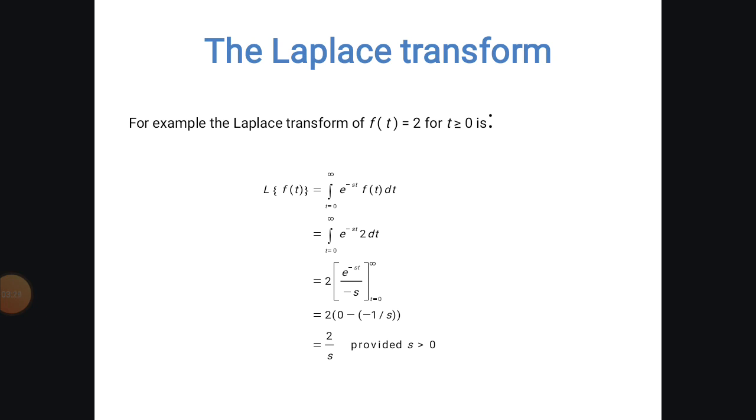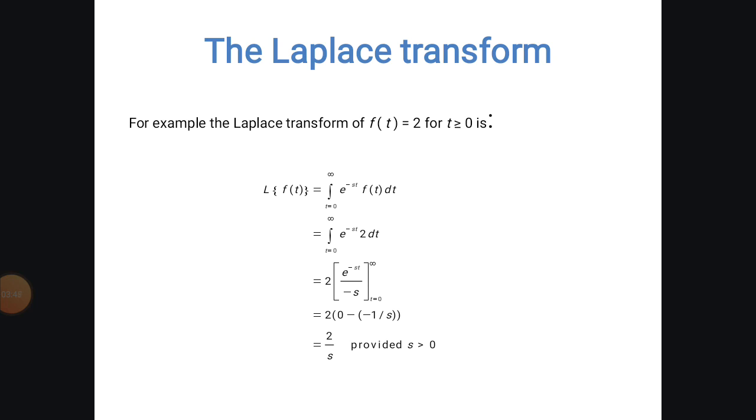Then it will be the integral from 0 to infinity of e raised to minus st. In place of f of t, we put 2. As 2 is a constant for the integration, we can take it outside. So it is just the integration of e raised to minus st, and the integration of e raised to something is e raised to something upon the derivative of something. So it is e raised to minus st upon minus s from t equal to 0 to infinity.